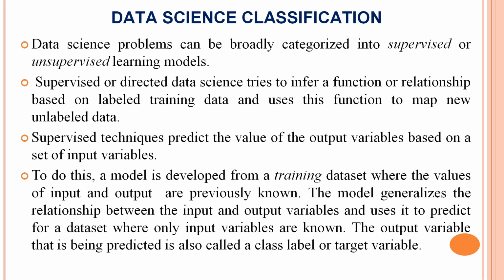Now I take a data set with a number of tuples. Each tuple is associated with a class label. This data is called training data. A training data is a data which is associated with class labels for each tuple in the data set.